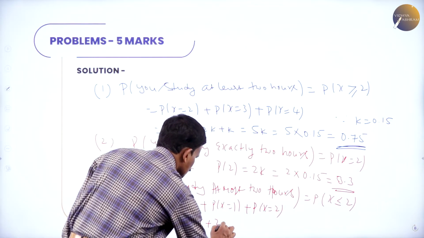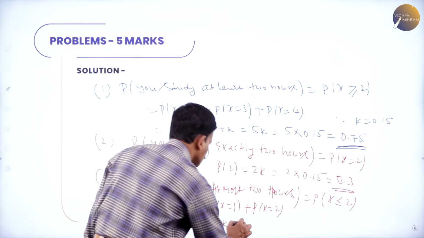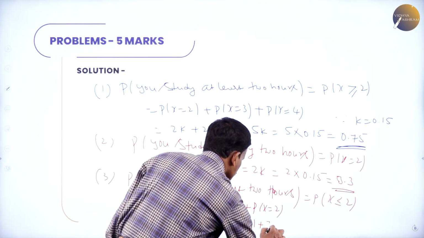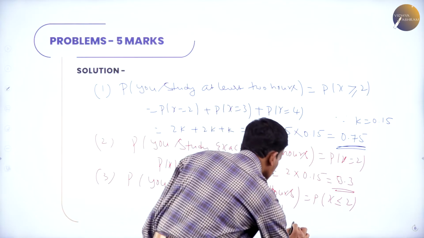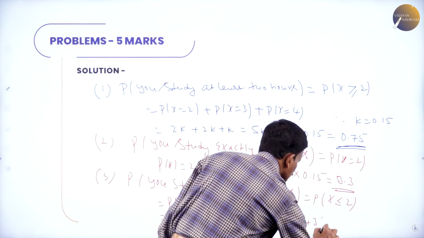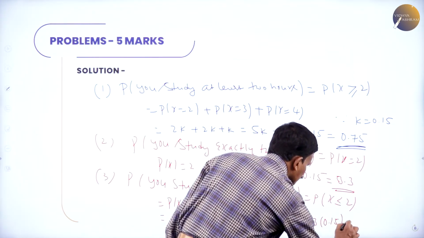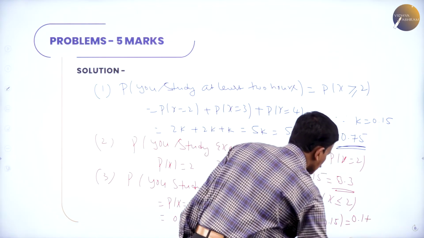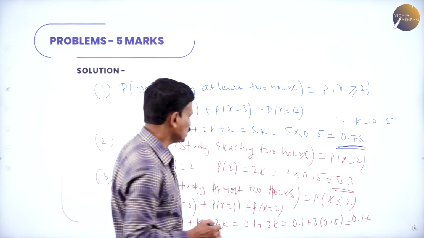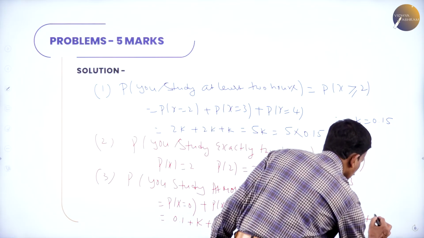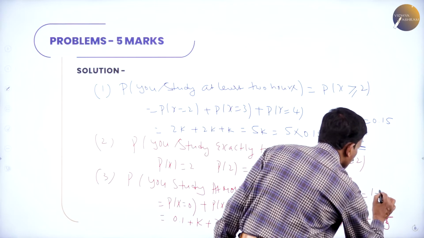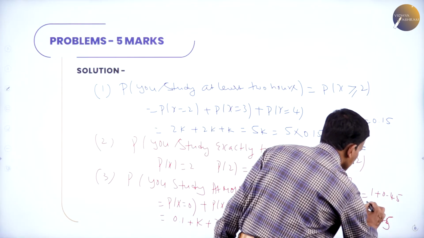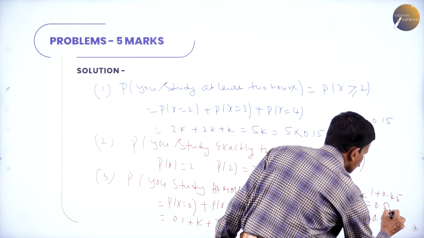k plus 2k. This is equal to 0.1 plus 3k, which is equal to 0.1 plus 3 into 0.15. So this is 0.1 plus 0.15 into 3, which is 0.45. 0.1 plus 0.45 is equal to 0.55.